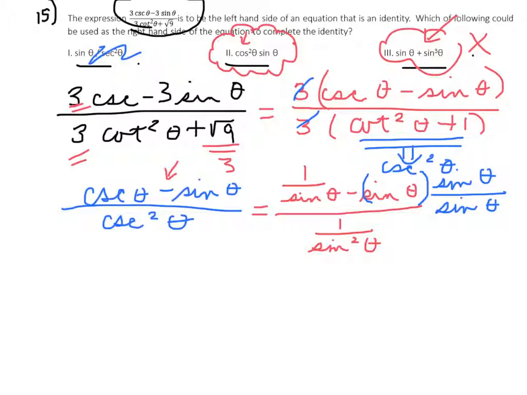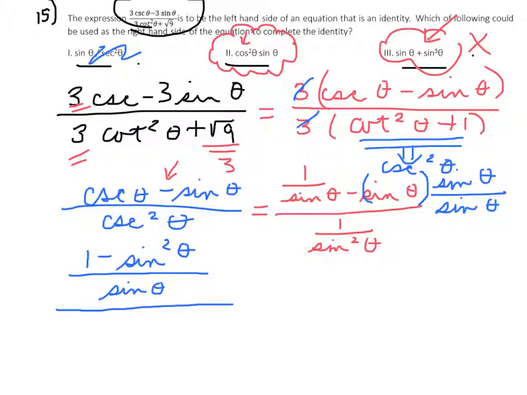On the top, I will have 1 minus sine squared theta. On the bottom of the top part, I would then have a sine theta. And I'm starting to really like this because I know that 1 minus sine squared theta I can turn into cosine squared theta. But I still have to worry about this complex fraction because on the bottom I still have 1 over sine squared theta.